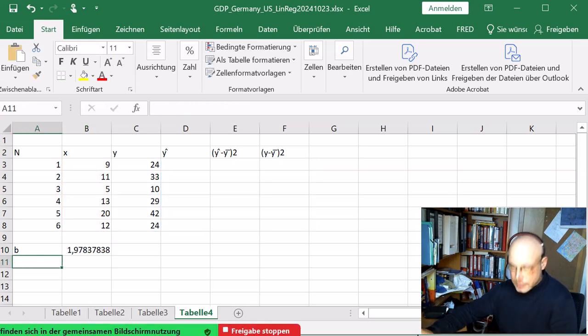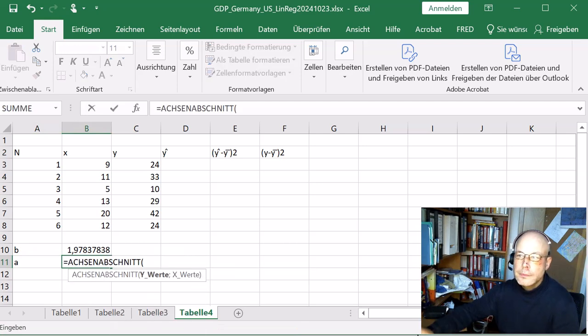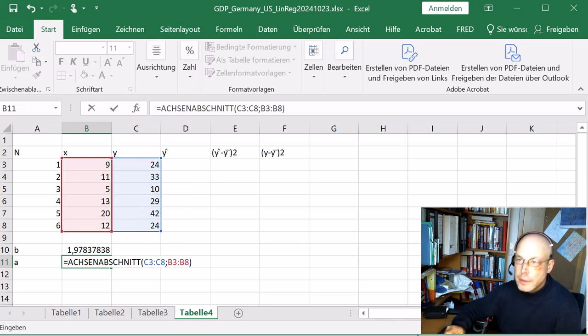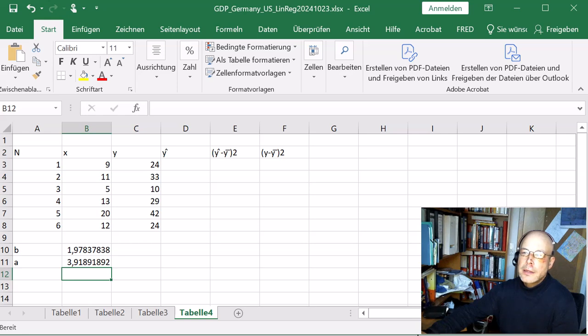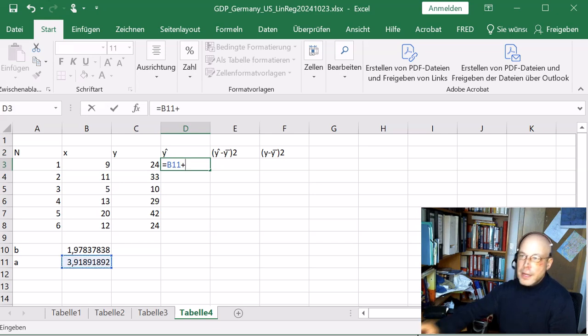And again, our cut of the vertical axis is, y values and x values. So then the data point lying on our curve is the cut of the vertical axis plus the slope times our x value.